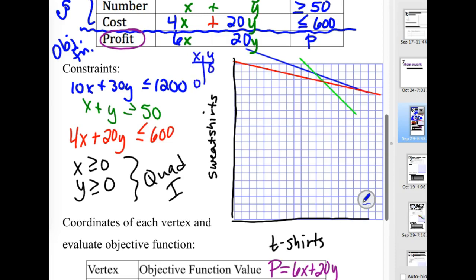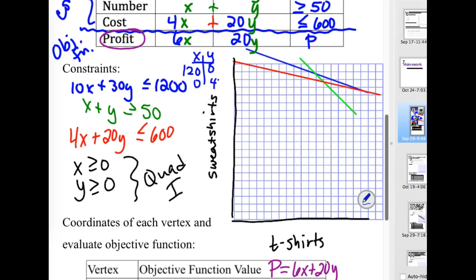If we put in 0 for y, 10 times what gives us 1200? What do we get? 120? And if we put 0 in for x, 30 times what gives me 1200? 1200 divided by 30. Take a 0 off. 120 divided by 3.